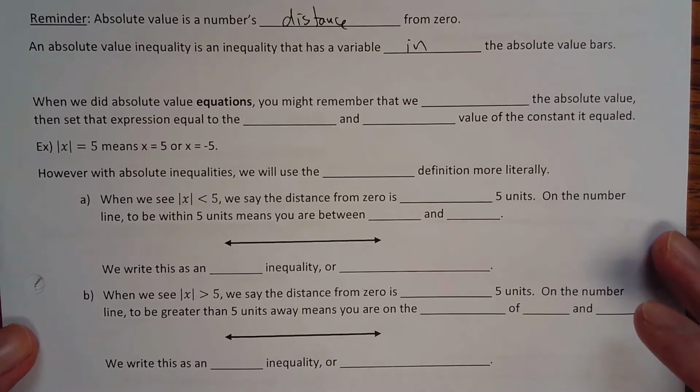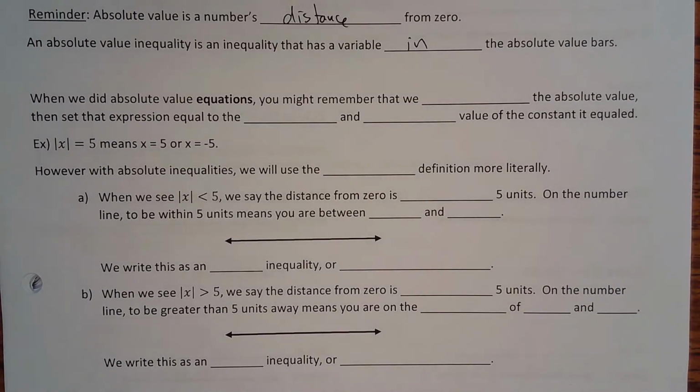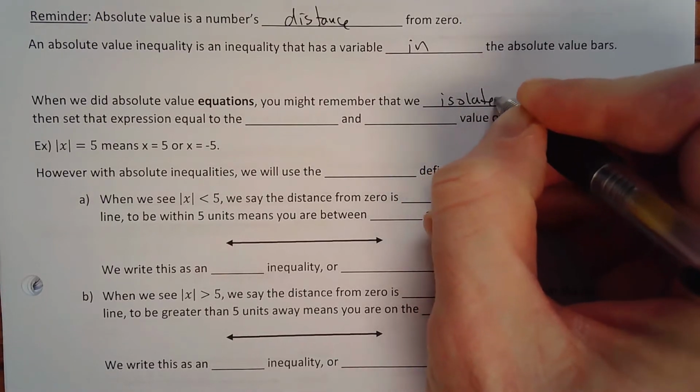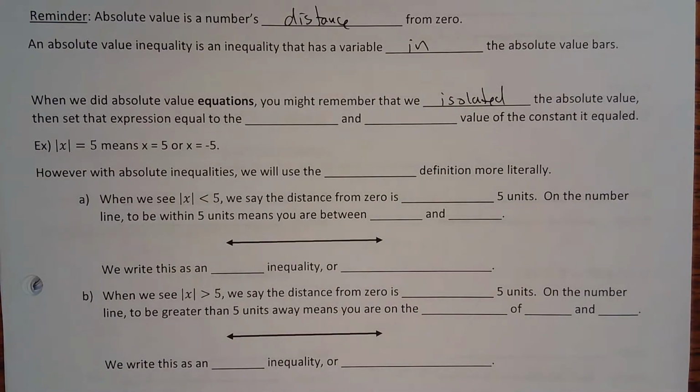When we did absolute value equations, you might remember that we isolated the absolute value, the bars. Then we did a trick and got the variable itself.